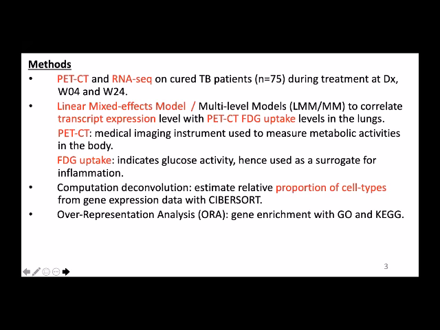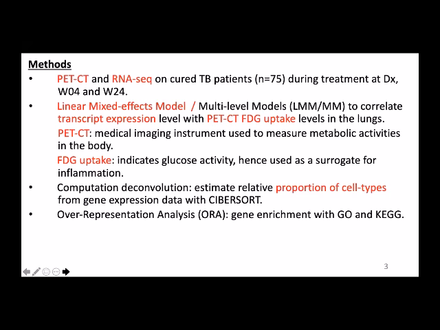Why? Because we're trying to use peripheral blood to identify biological processes in the lungs. Like I just said, to collect lung samples at each of those time points is not a feasible task, but you can easily collect blood from patients. So hence we're using peripheral blood.